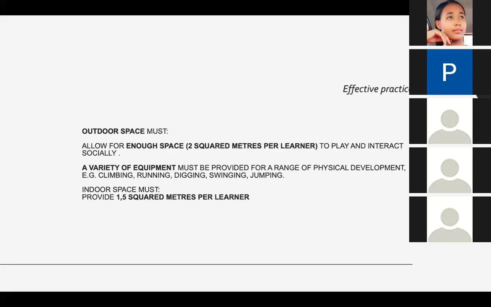So if you look at your ECD classroom, let's say you're going to open one in your community and you have a 9 square meter room, you have to divide that by 1.5 and you can then work out how many children you can have. Does that make sense? That's how many children you're allowed to have at your center.